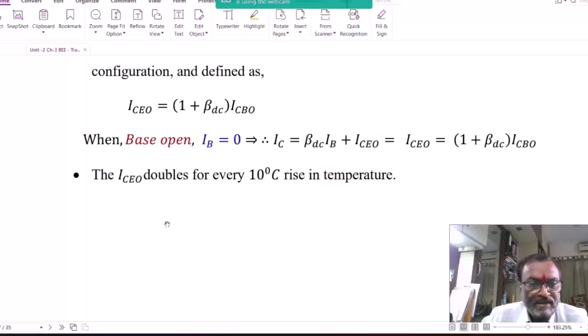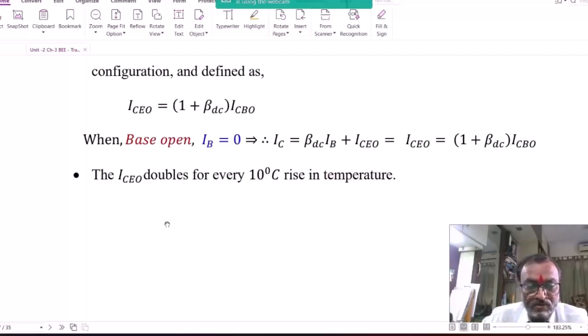This ICEO is much higher than the reverse leakage current of the collector junction in common base configuration. ICEO is the reverse leakage current in common emitter configuration.